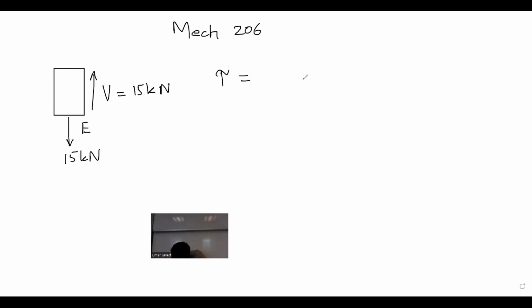So shear stress is equal to 15 kilonewton divided by pi times 25 over 2, squared, in square millimeters.